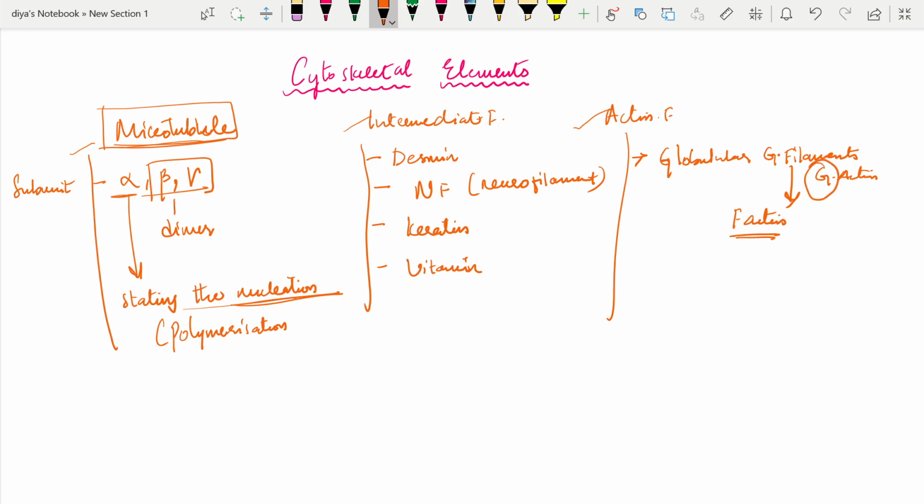G actin means globular actin to fibrous actin. So actin filaments are formed from globular actin to fibrous actin. The basic difference between the microtubule and the actin is that microtubule uses GTP for polymerization, and actin uses ATP for polymerization.